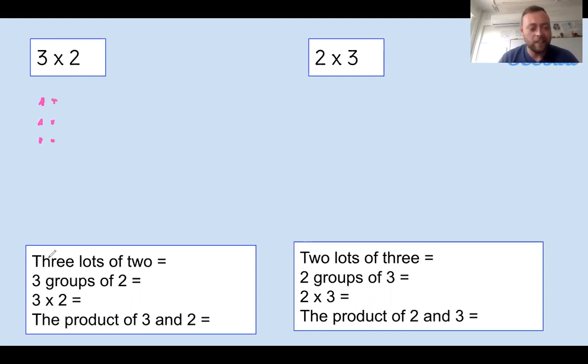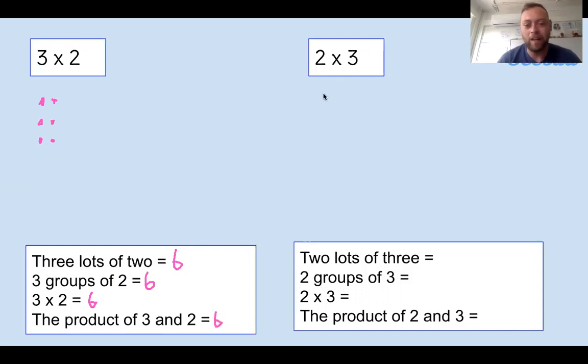And then down here it says 3 lots of 2 equals. Okay, so let me count. It equals 6. 3 groups of 2 equals 6, which means 3 times 2 is 6. And the product of 3 and 2 is 6, and the product means answer.